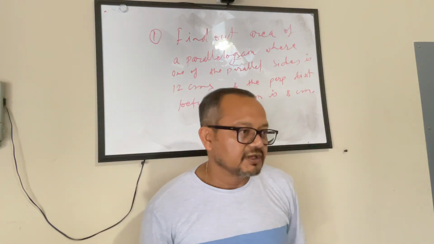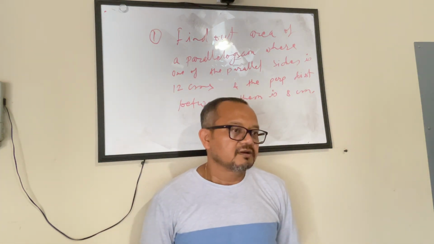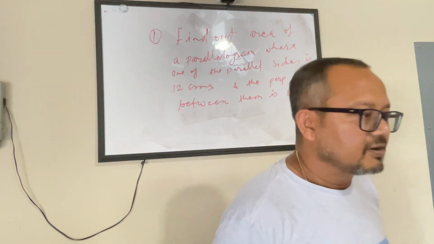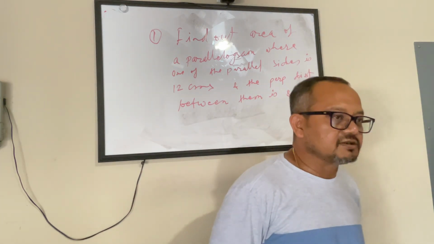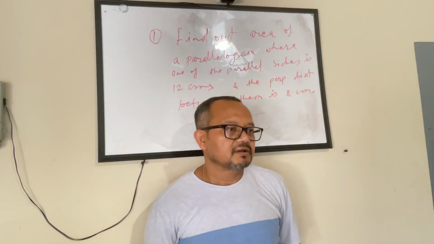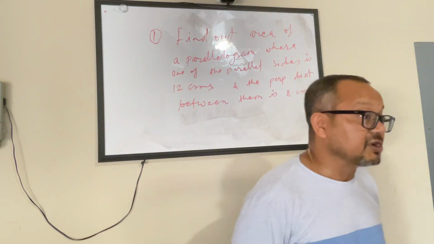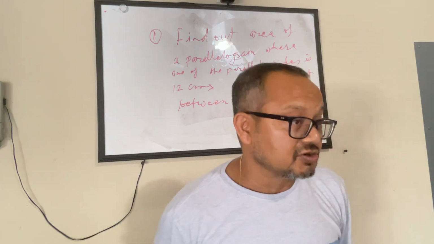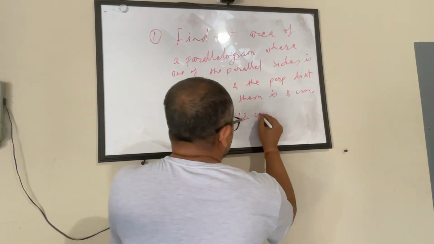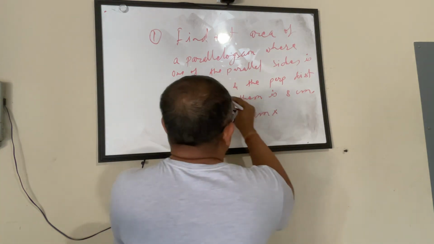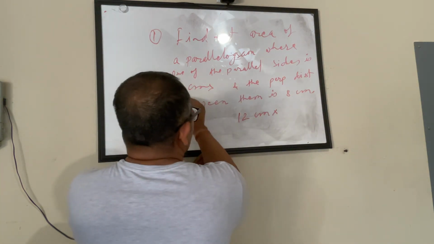Okay? Yeah, Myra. So I have the answer. Okay, how much is the answer? 96 centimeters squared. That's what I wanted to hear. Because you multiply 12 centimeter. So this is my base, 12 centimeter.